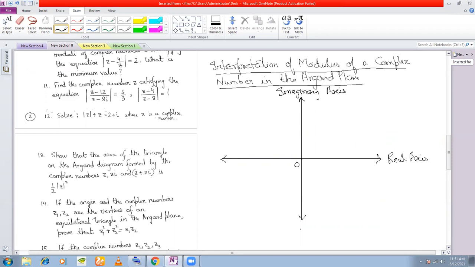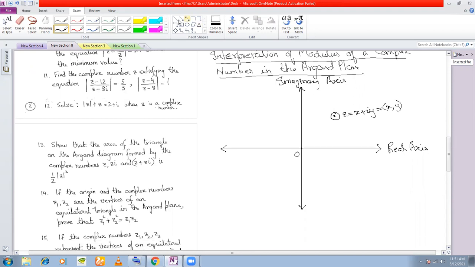So suppose I have a point z = x + iy. Then this can also be written as an ordered pair (x, y). Now if I join the origin with this point, let us call this point P.